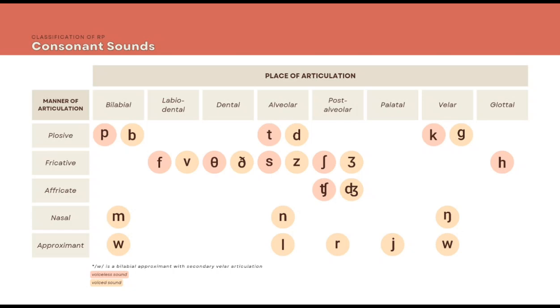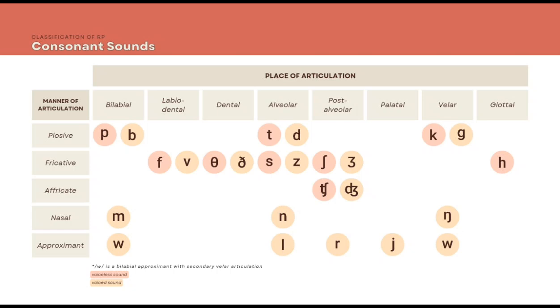Alright, so I'm going to talk about some of them. You will remember that in my previous video, I mentioned that under manner of articulation, that is, when we are describing how a particular consonant sound is produced, we are talking about manner of articulation.